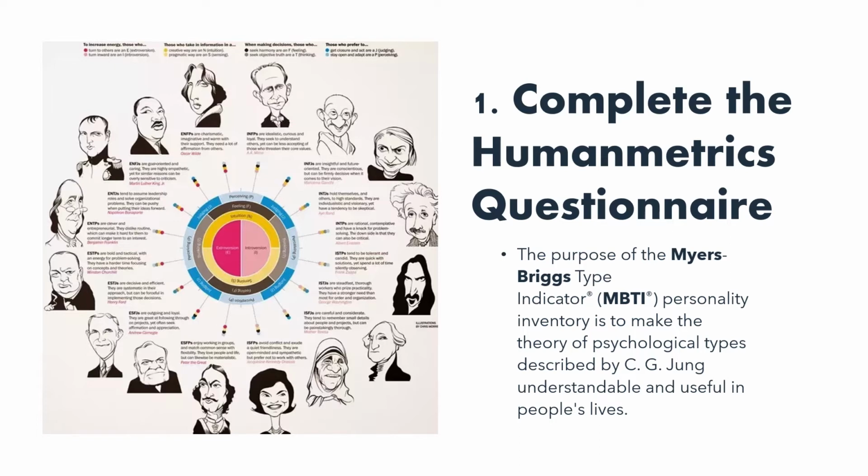Now, if you haven't heard of the Myers-Briggs, you may know, of course, if you're into psychology, about Carl Jung. Carl Jung was, let's say, a mentee of Sigmund Freud.